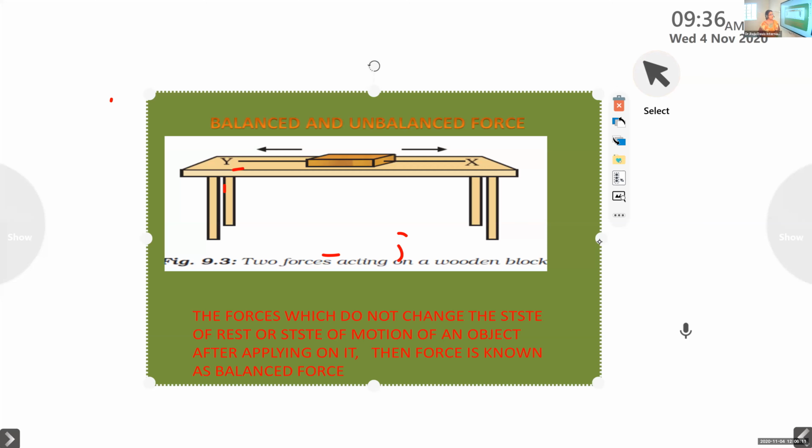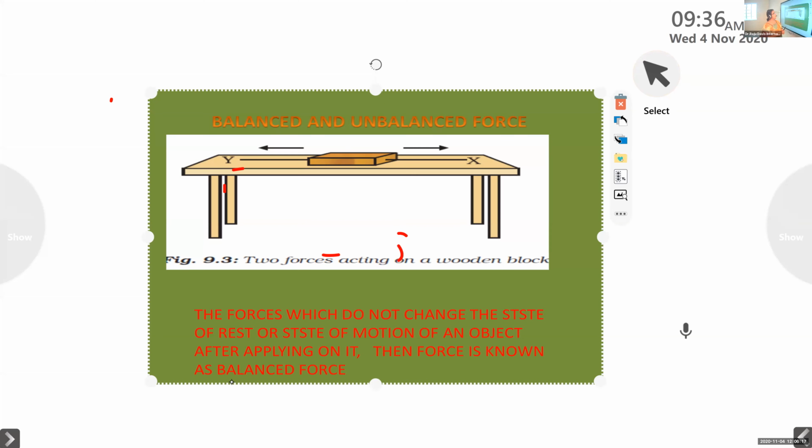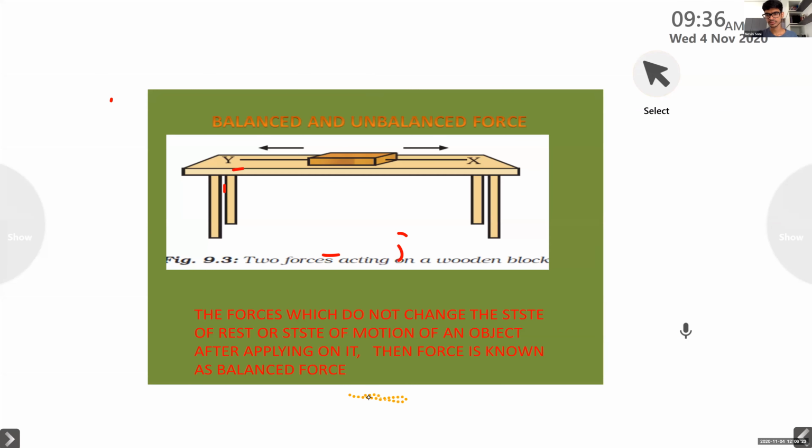Can you tell me the reason why a book is lying on the table without falling? Anyone? Static friction. Okay, one is static friction. Is it only static friction? Then gravity, gravitational force. Correct.